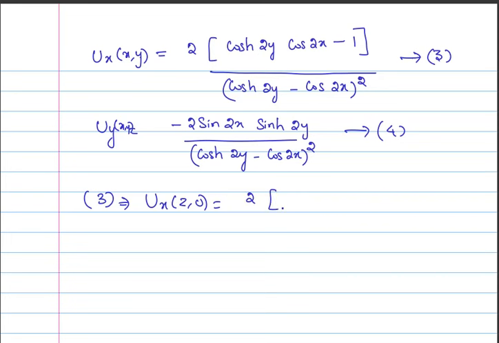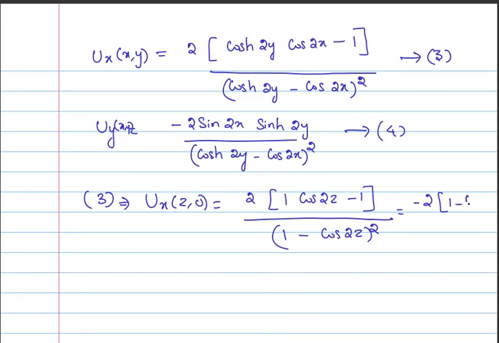So 2 times (cos 2z minus 1) divided by (1 minus cos 2z) the whole square, which is minus 2 times (1 minus cos 2z) divided by (1 minus cos 2z) the whole square.